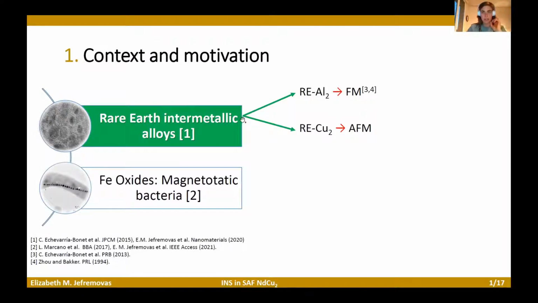So in this kind of binary alloys, when alloying a rare earth with aluminium, this gives rise to a ferromagnetic coupling. And on the other hand, by replacing the aluminium by copper, the coupling changes from ferromagnetism to antiferromagnetism.